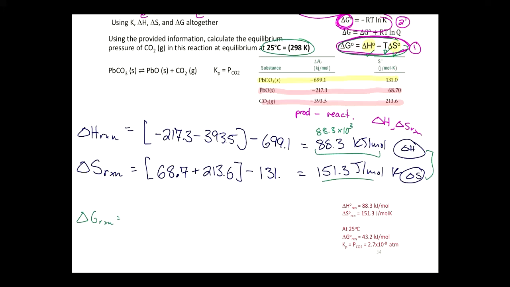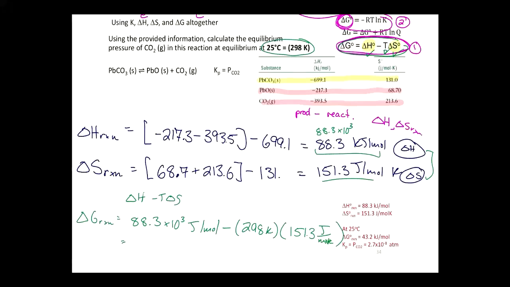So this is 88.3 times 10 to the 3. So delta G for this reaction, delta H minus T delta S, is equal to 88.3 times 10 to the 3 joule per mole minus 298 Kelvin times 151.3 joule per mole Kelvin. That's entropy.